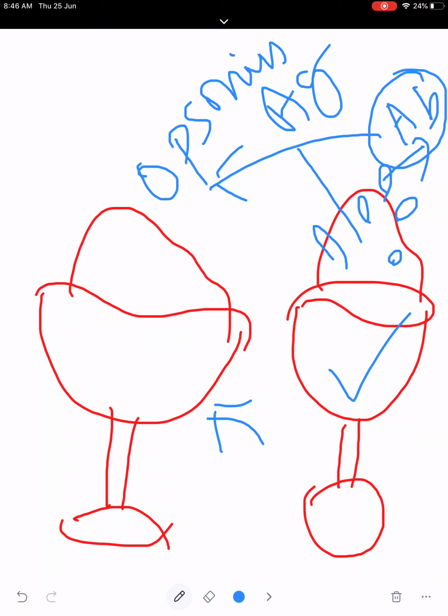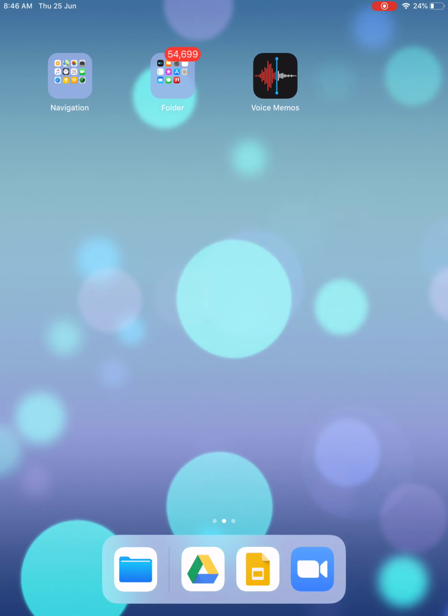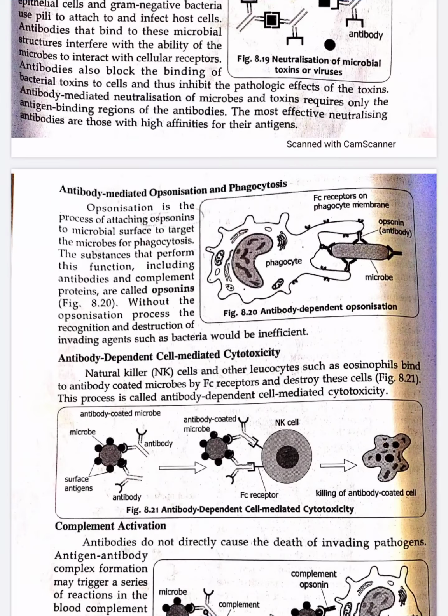So this function of antibody, we can say, is antibody mediated opsonization. And once it is attracted to the phagocytic cell, the normal reaction happens, that is phagocytosis, which we have discussed earlier. They are engulfed, phagosomes form, and the phagosomes collide with lysosomes, forming phagolysosomes, and then they are digested and thrown out of the phagocytic cell.